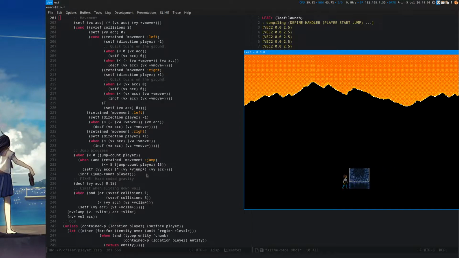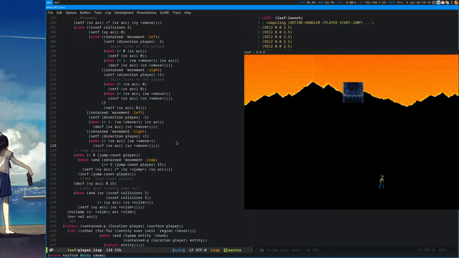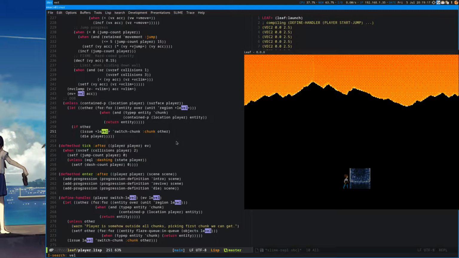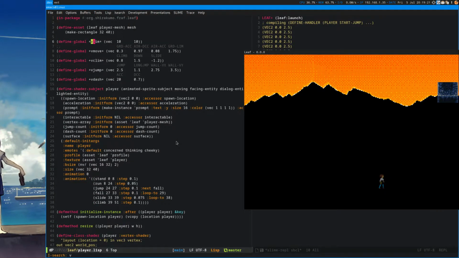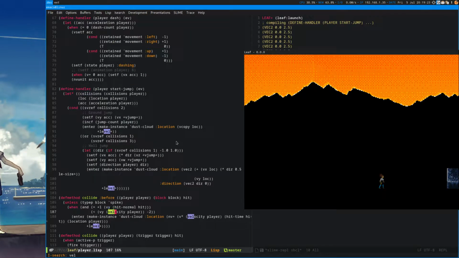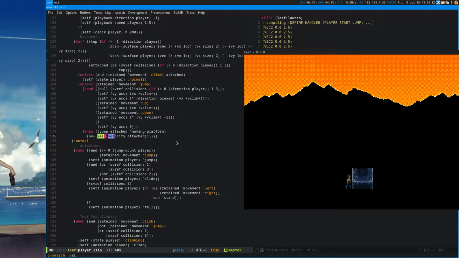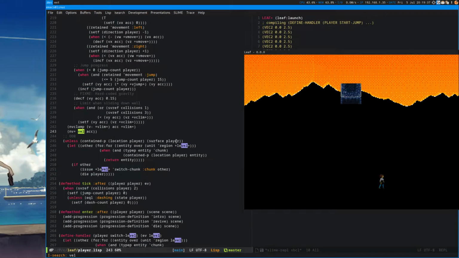Because pretty much everything here should now access the acceleration rather than the velocity. And at the end we just add the acceleration to the velocity vector. That's fine. That's fine, we don't need that, that's also fine. Yeah, I don't know, why can't I jump?